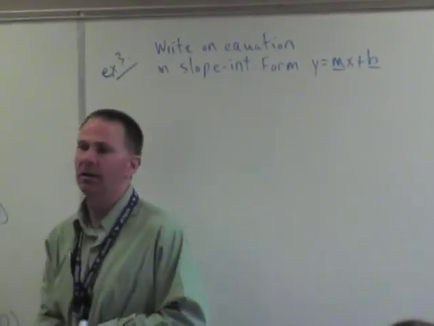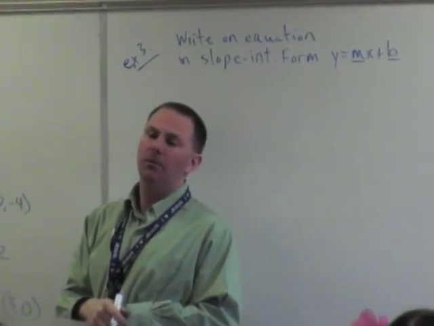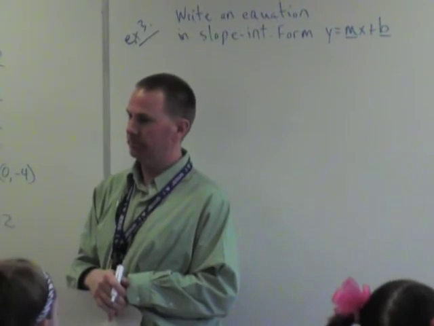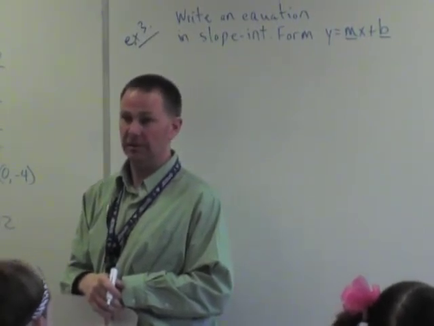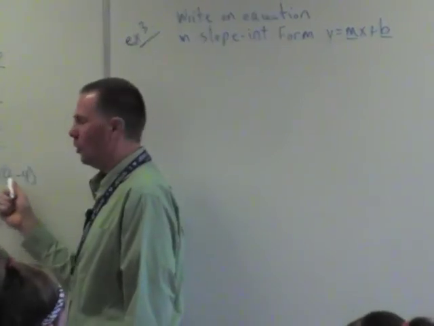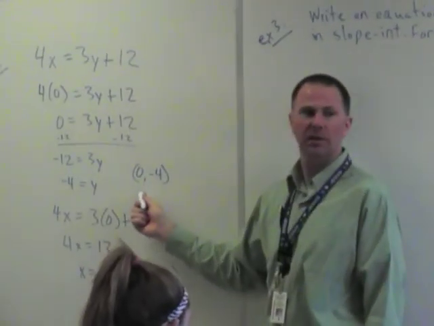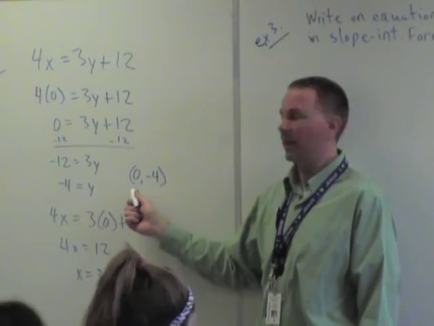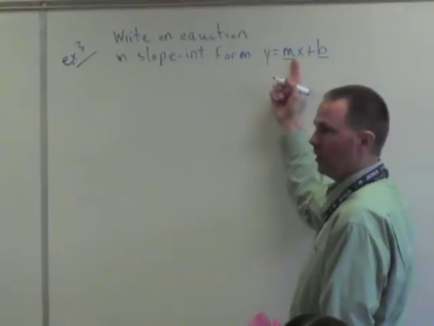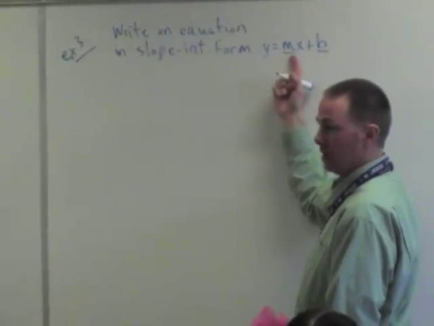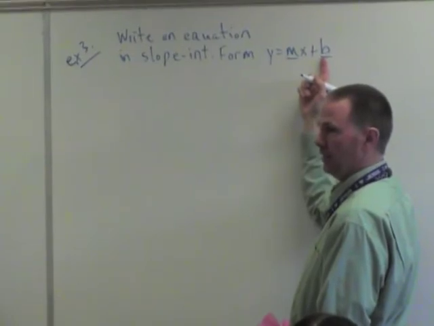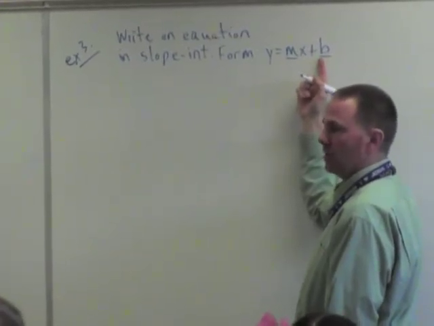B is the y-intercept, isn't it? What's the y-intercept here? And what did we know about it before we started? That x is 0. Watch. If x is 0, m times 0 is 0, right? Leaving y equals b. So b is your y-intercept always.